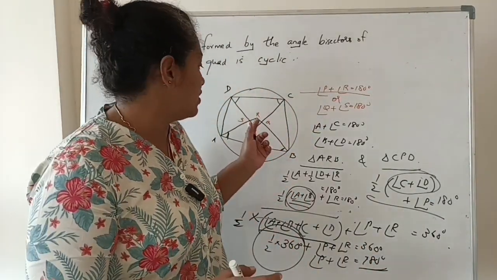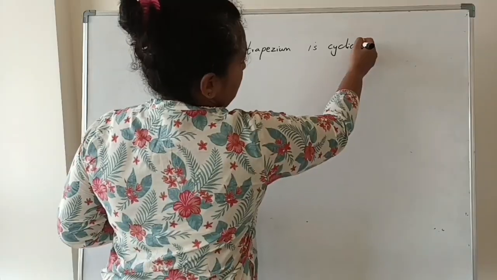So I have proved that the quadrilateral formed here is a cyclic quadrilateral.